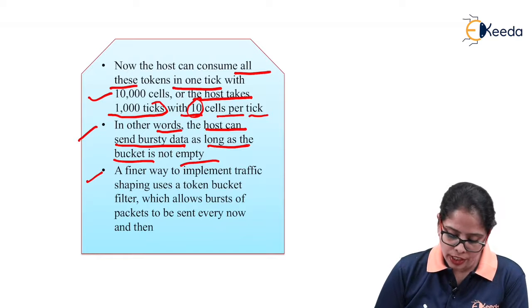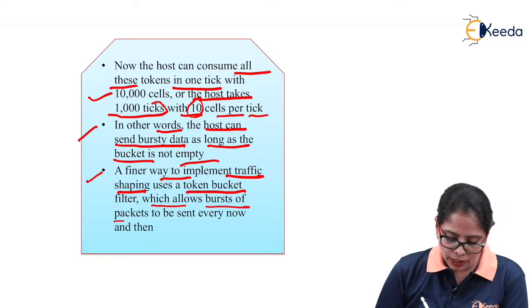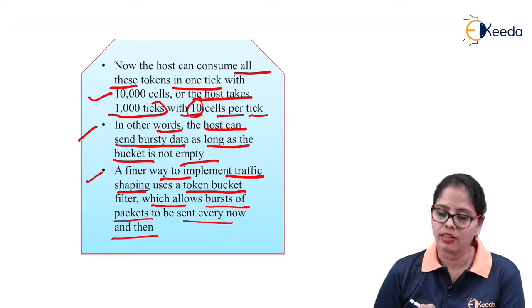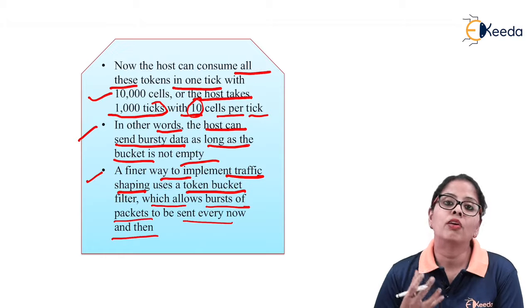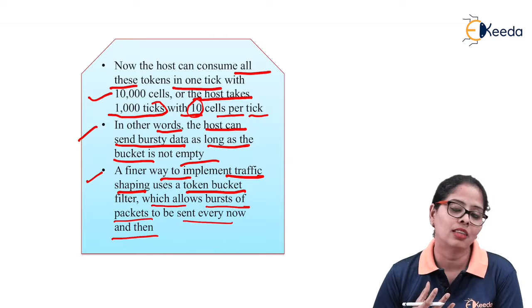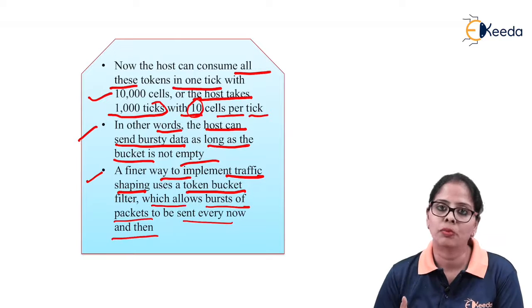A finer way to implement traffic shaping is to use a token bucket filter, which allows bursts of packets to be sent every now and then. So your entire sending depends upon how many tokens there are in the bucket. You can send bursty traffic as well as normal traffic, depending upon your requirement.